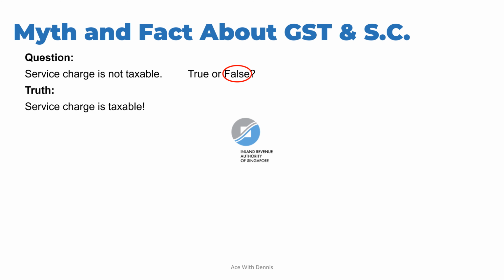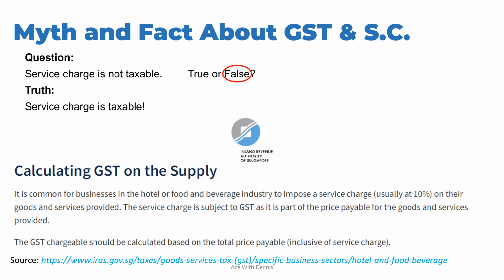According to IRAS's website, it is common for businesses in the hotel or food and beverage industry to impose a service charge, usually at 10%, on their goods and services provided. The service charge is subject to GST as it is part of the price payable for the goods and services provided.